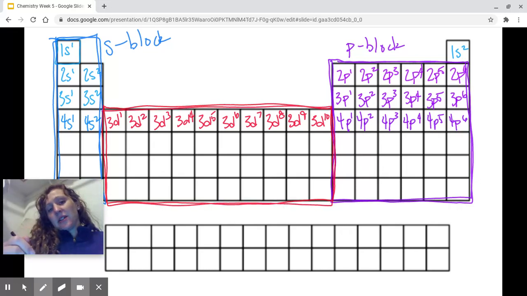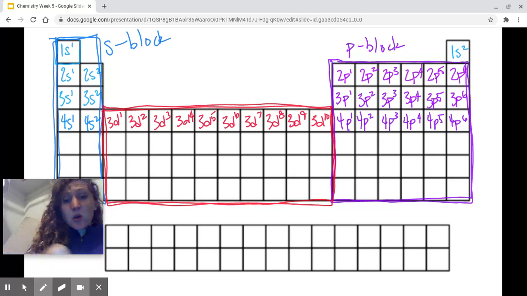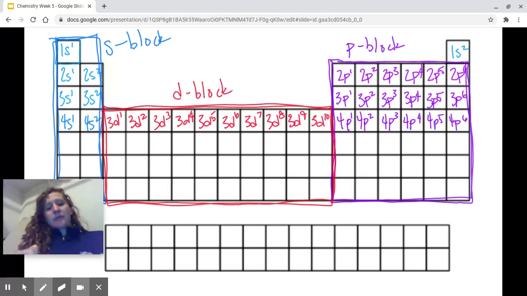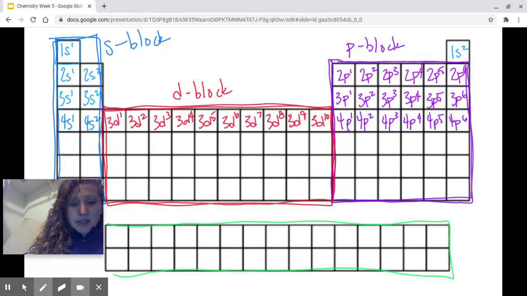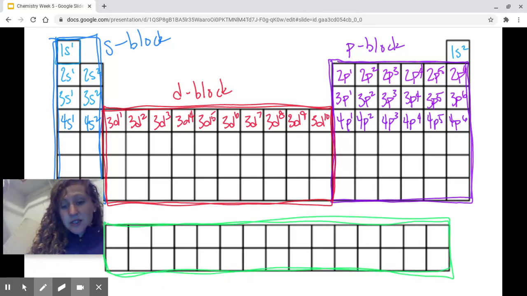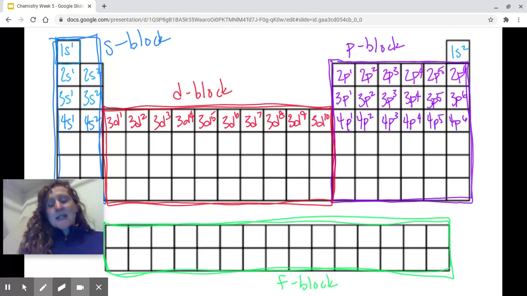The very last electron to go into a shape along this whole row is the D block. And then I bet you can guess what these might contain down here. And if you said they are the F block, you would be right. So we start to see blocks emerge in a very consistent pattern.